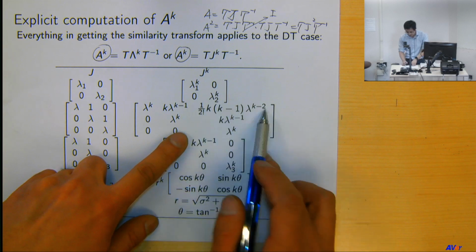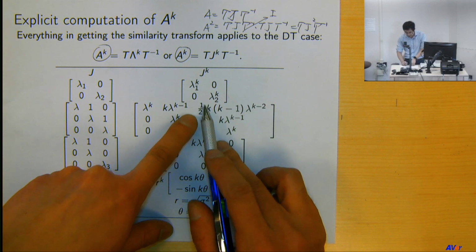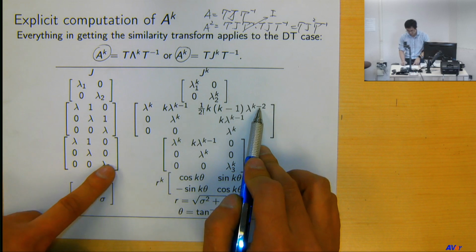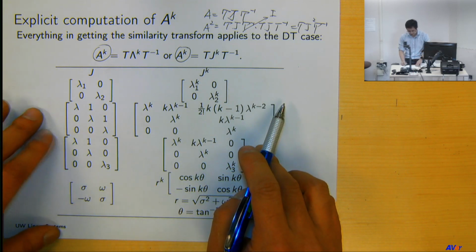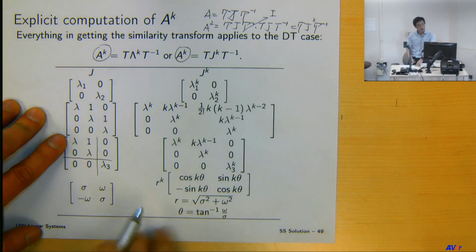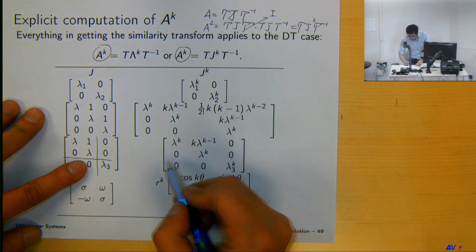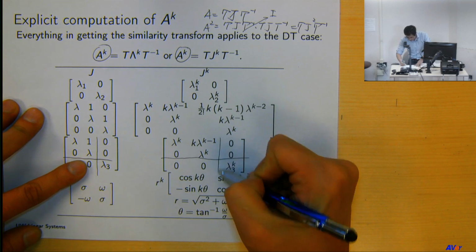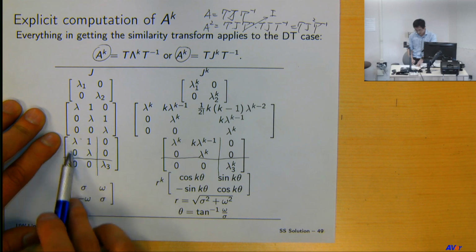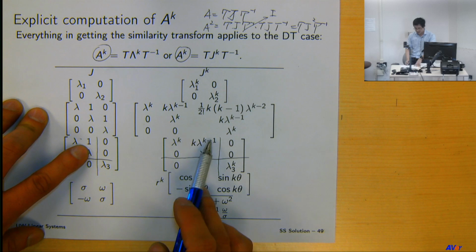And then in the top right, it's again some Taylor expansion result, half of k(k minus 1) lambda^(k minus 2). If you just have one Jordan block on top of diagonal elements, then you just need to do block separation and compute the power of this submatrix, which is lambda^k, k times lambda^(k minus 1).